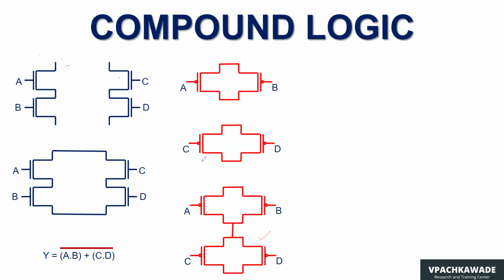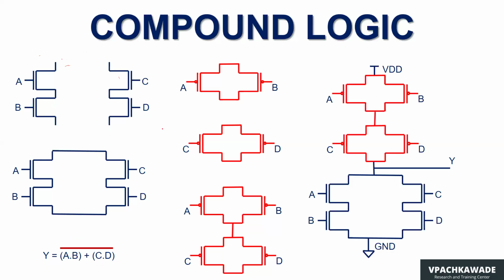So once you obtain this particular combination and its complementary, you can now implement the full function that is given by this expression. And this is how we see how this function can be implemented. So here you can see now this particular logic on the top is called the pull-up network. The job of this pull-up network is to pull the output Y to the highest voltage supply available.